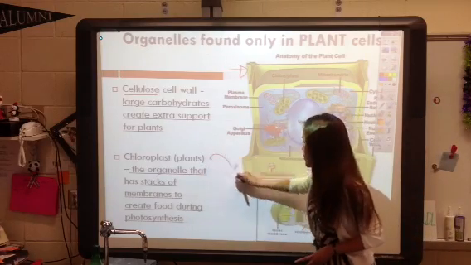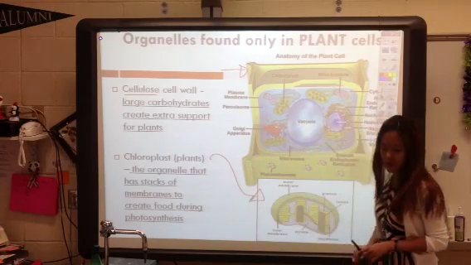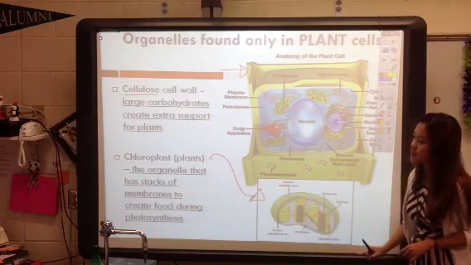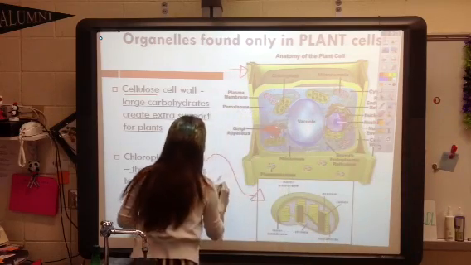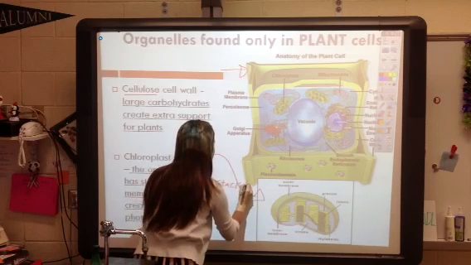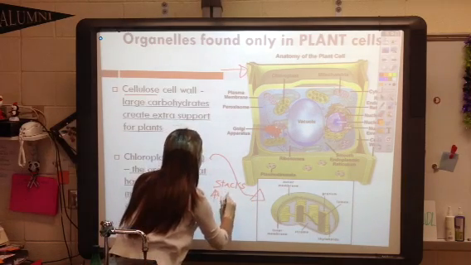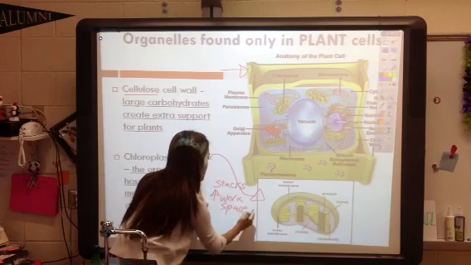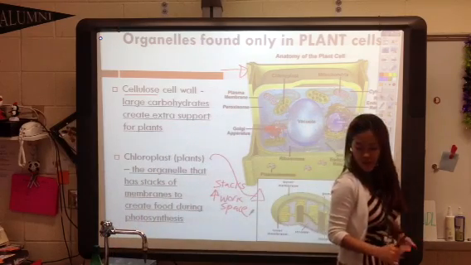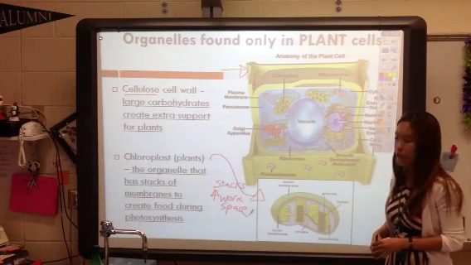So make sure you label this picture as the chloroplast. Notice it has stacks in it, and those stacks also create space. So stacks increase workspace. Remember, the job of the chloroplast is to make food for the plant, so it's going to allow it to make more food.